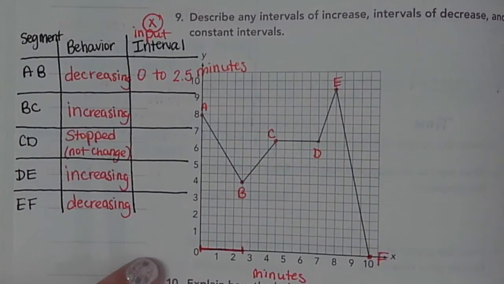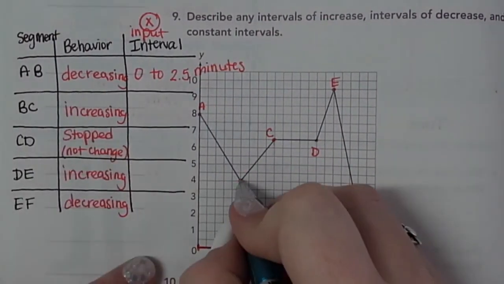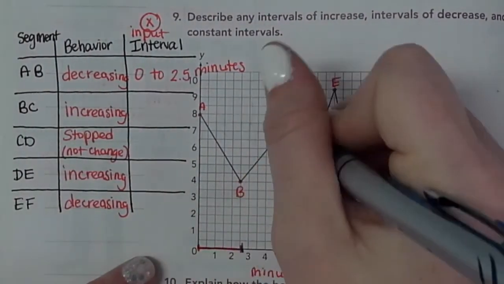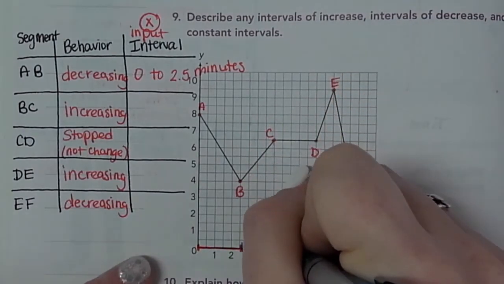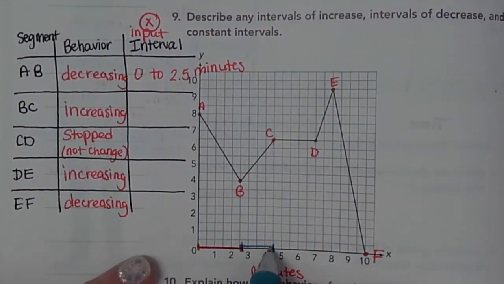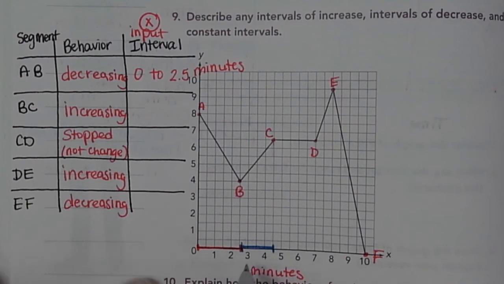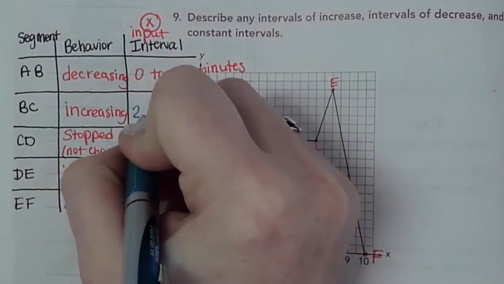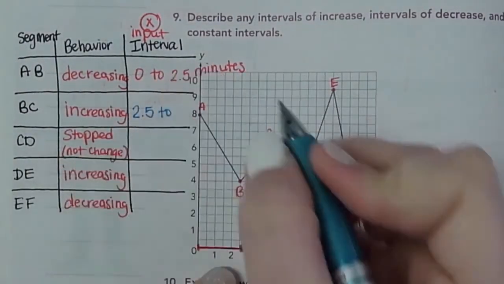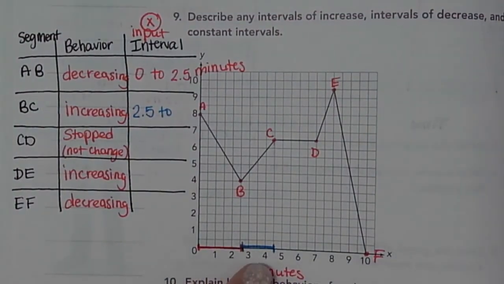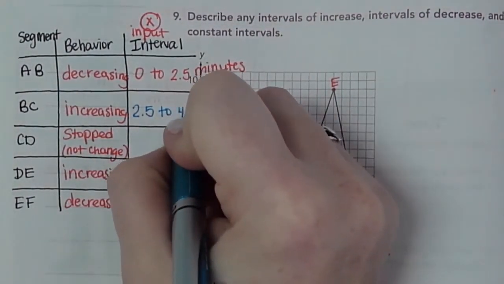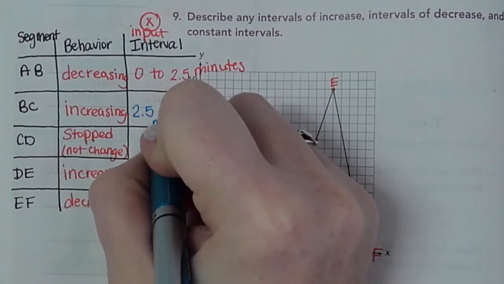Okay, I'm going to use a different color for this next one. From B to C, that's the next part of the graph. So that's from 2.5 to what's halfway between 4 and 5? That would be 4.5 minutes.